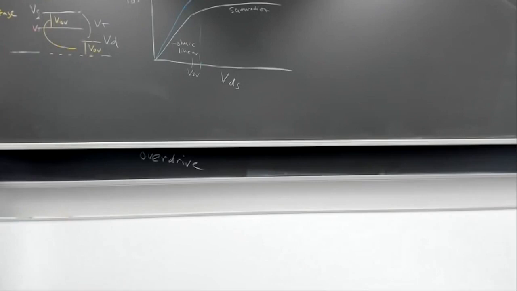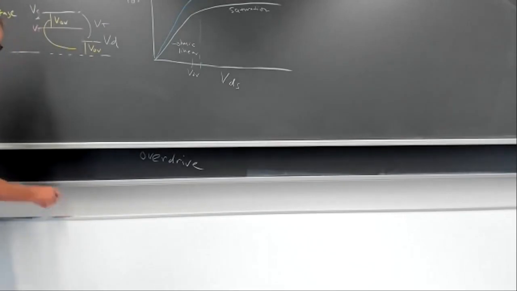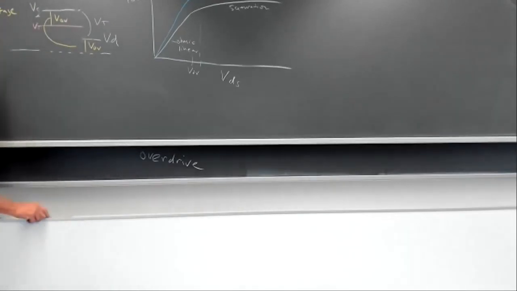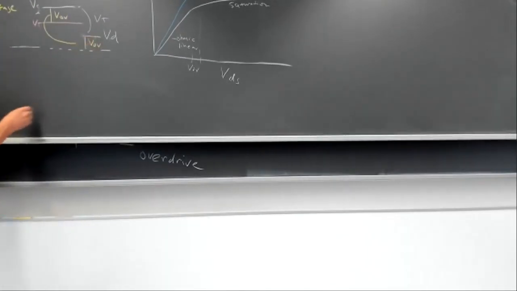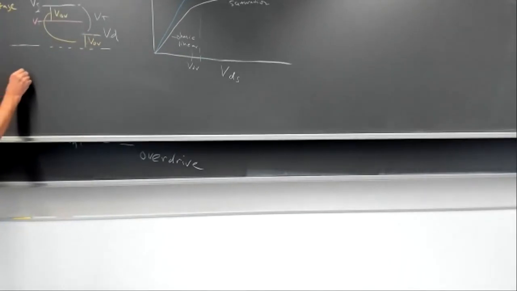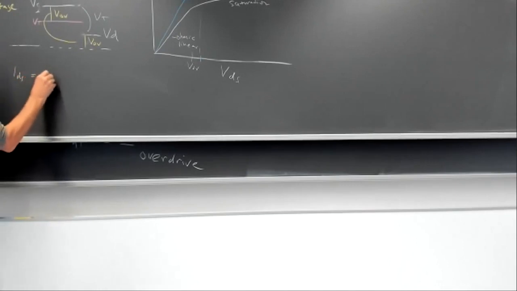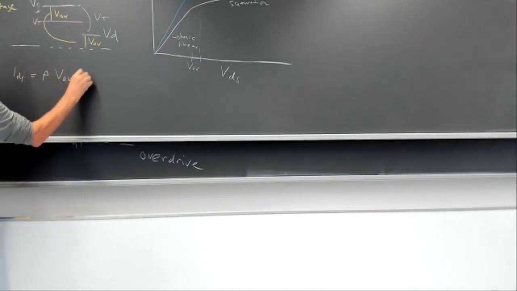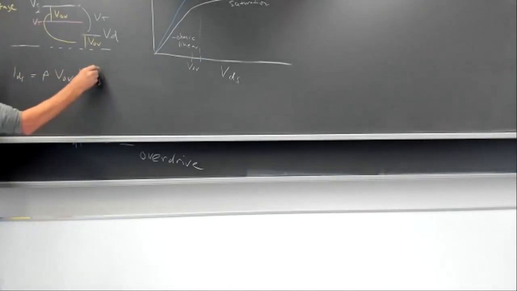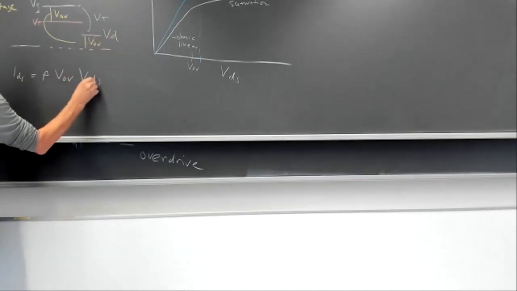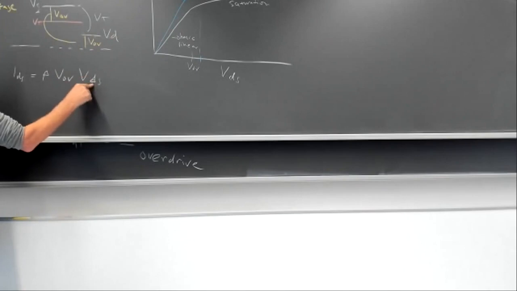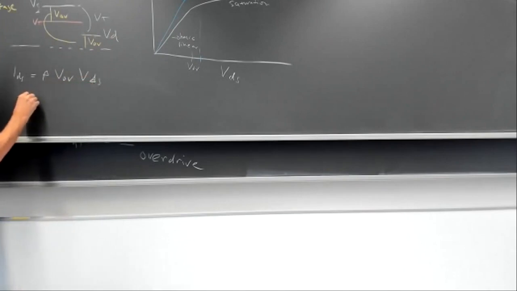Okay, but now we can just take the ohmic current and replace it with this drain source voltage. So if I take the ohmic current, IDS with beta times V overdrive times VDS, and swap in the fact that this current will saturate when VDS is bigger than the overdrive, what do you get?